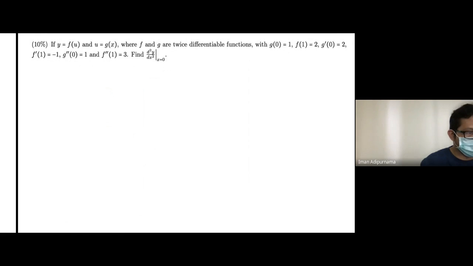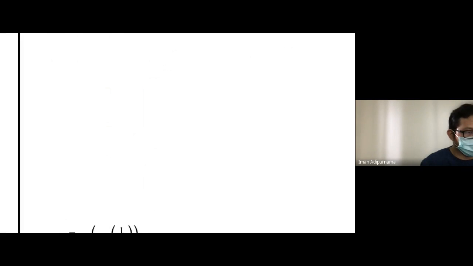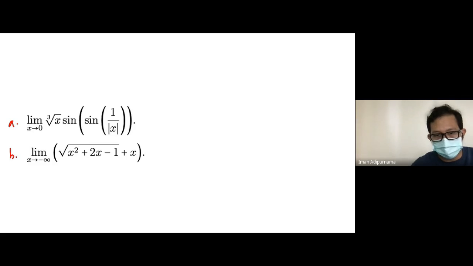I think this is not too difficult, right? I think I can just skip that. And this is two questions, A, B. I think this is also a limit. You can check if you want, but I'm not really solving this one first. Let me find another one for you.